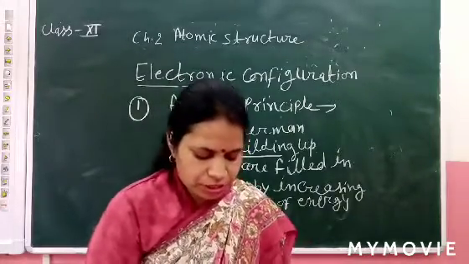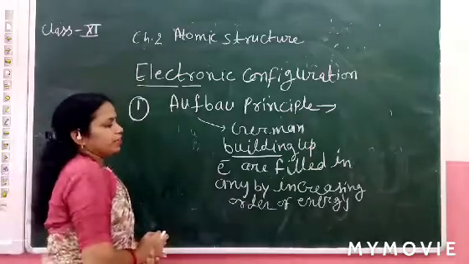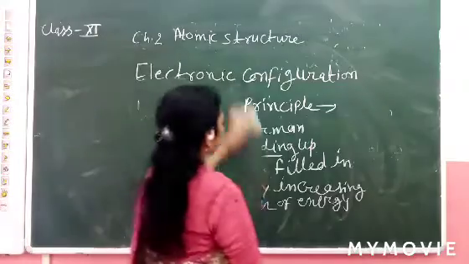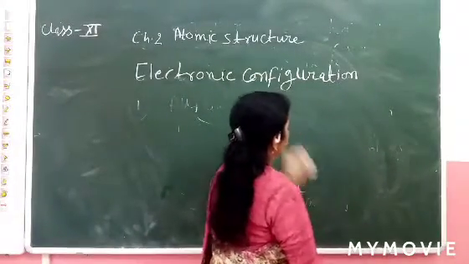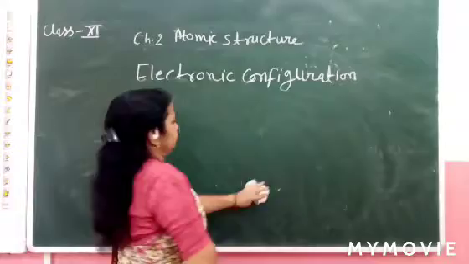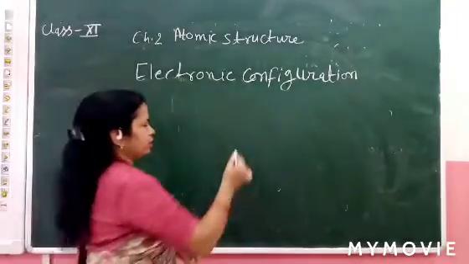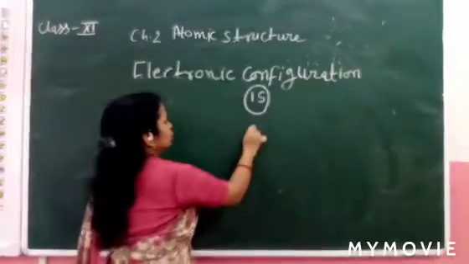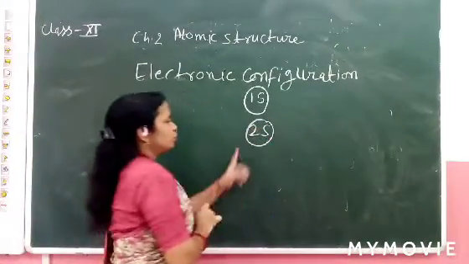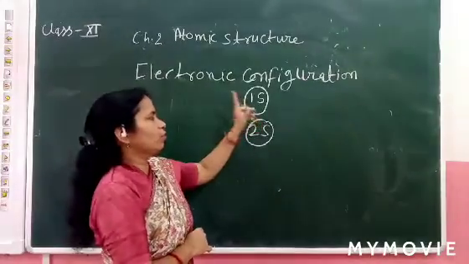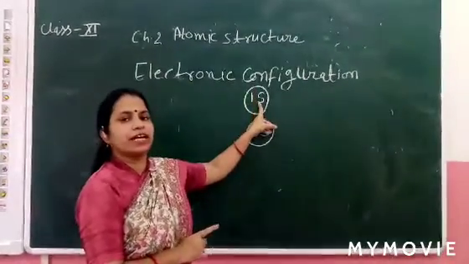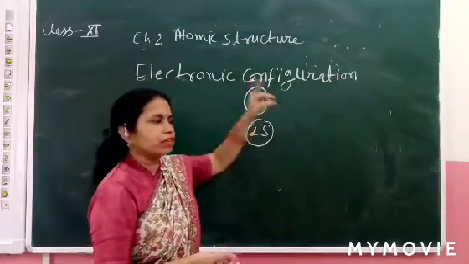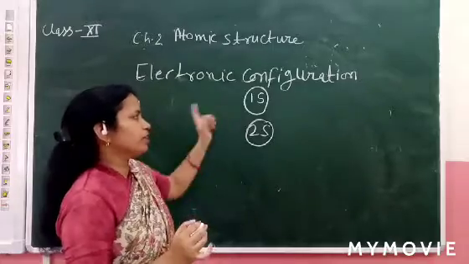How are the electrons filled? If we take a multi-electron system, the energy levels are like this. Write down the diagram: 1s, 2s. Here 1 is the principal quantum number and s is the azimuthal quantum number. 1s; 1p is not possible, I already discussed, there is no sense of this orbital.